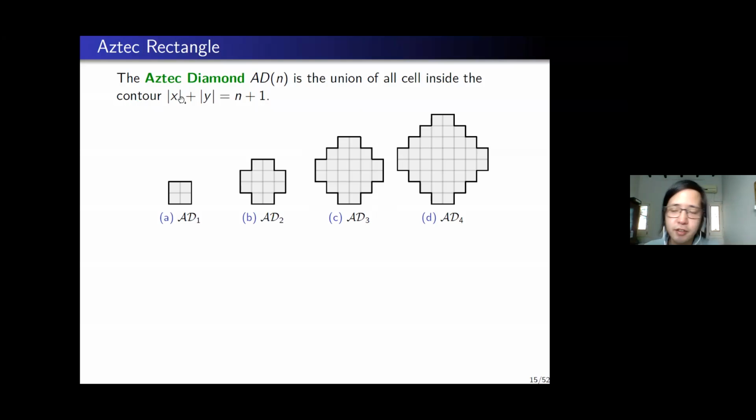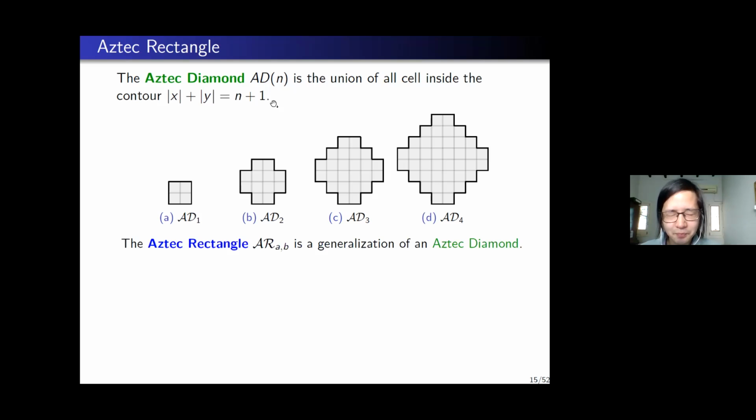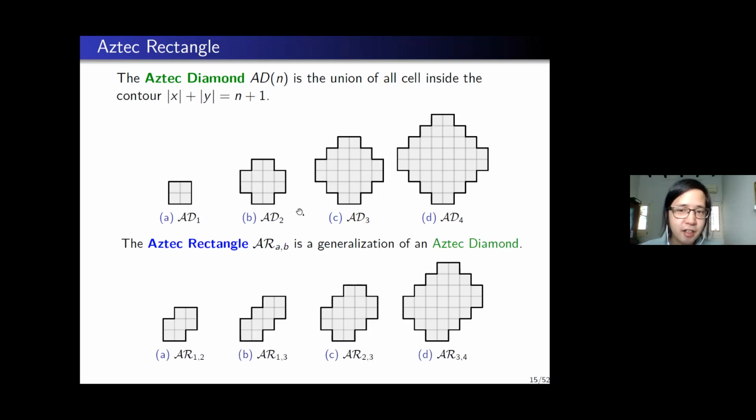This formula is just a square rotated 45 degrees with the center of the square at the origin. And these are the Aztec diamonds, and the Aztec rectangles are just a generalization of the Aztec diamonds.